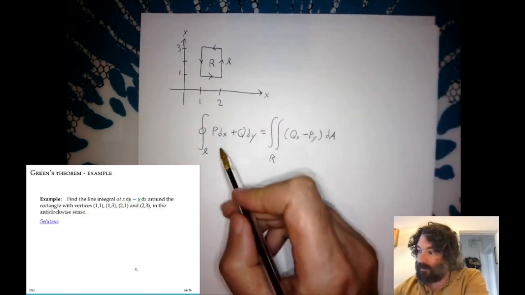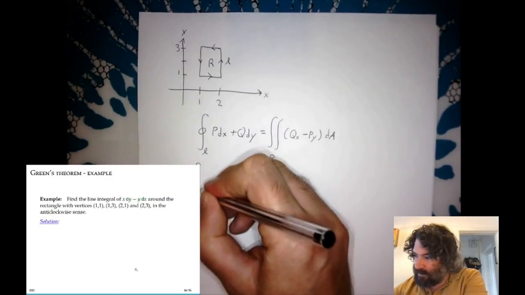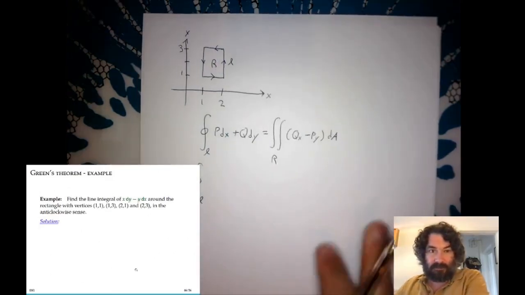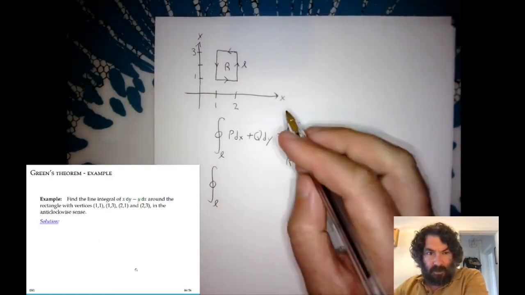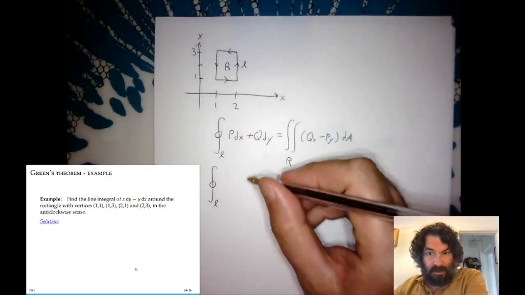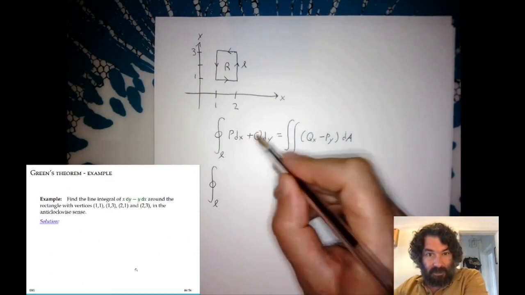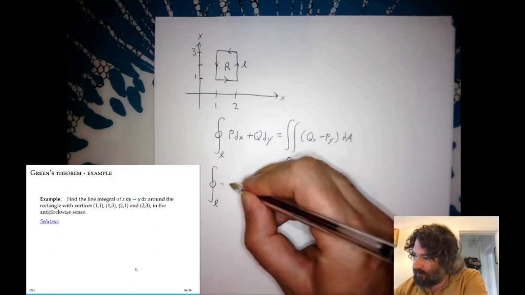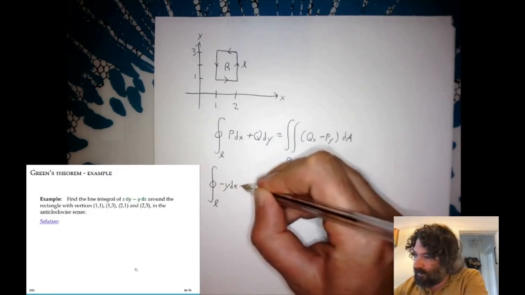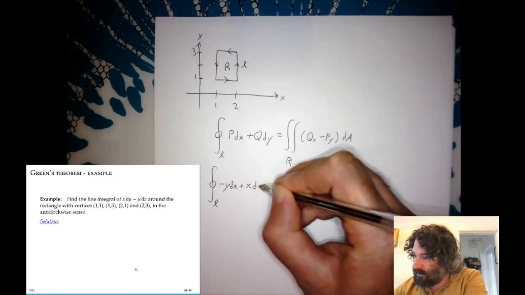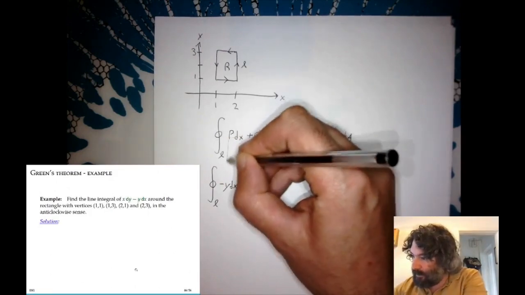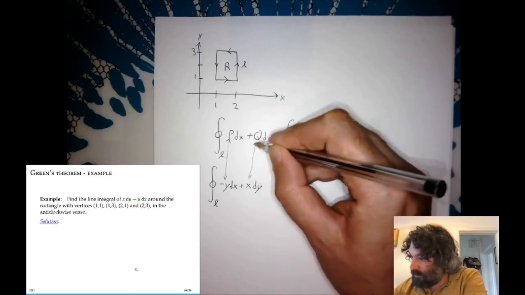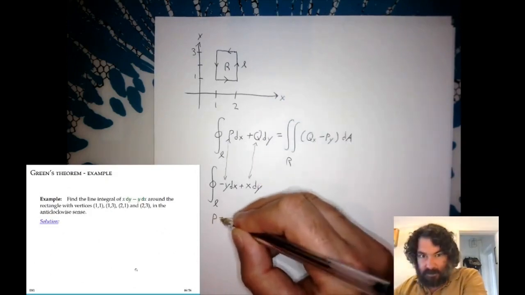In this particular case, we want to consider the line integral around the boundary of this rectangle of x dy minus y dx. In order to make it match up with the notation here, let me write the dx term first: minus y dx plus x dy. And so P is minus y and Q is x in this example.